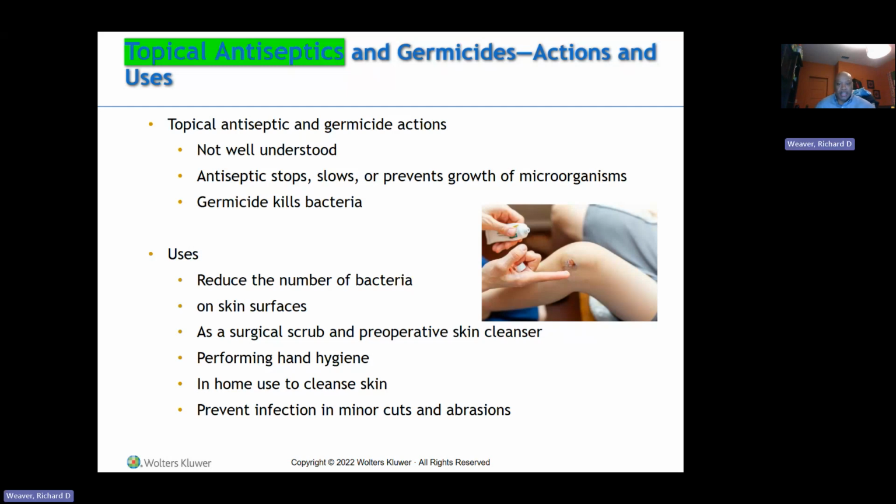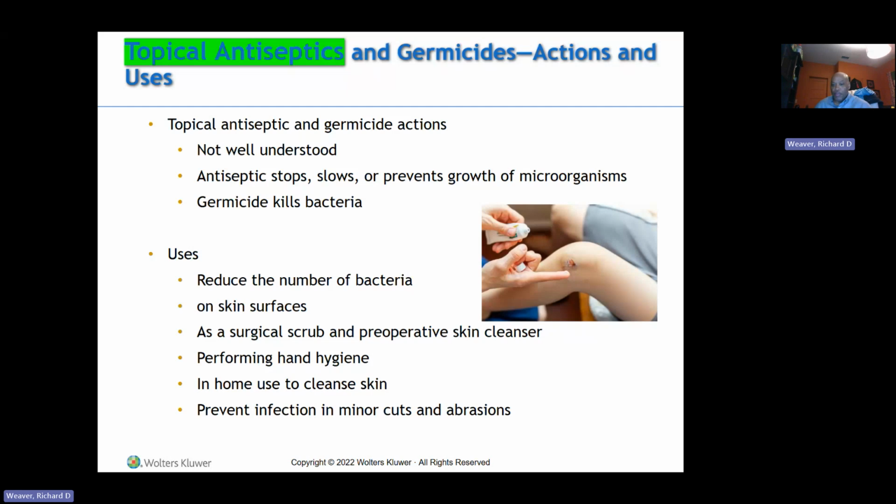As far as uses, the topical antiseptics and germicides are used to reduce the number of bacteria on the skin surfaces. They are used as a surgical scrub and preoperative skin cleanser. Just before they go into surgery, they wash up or scrub in, if you will.